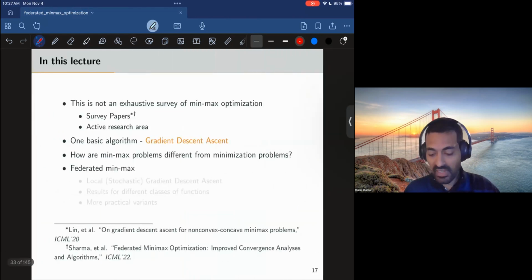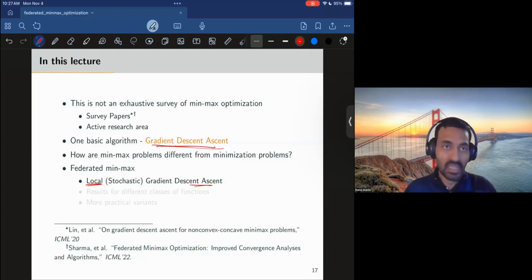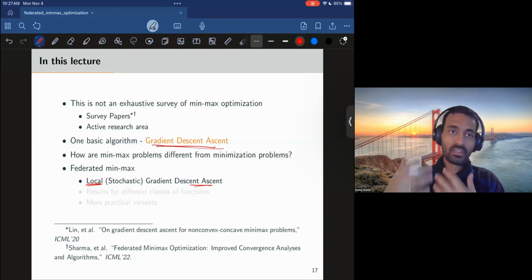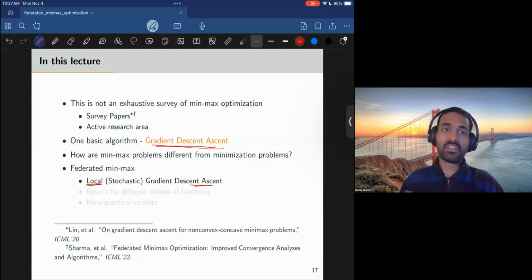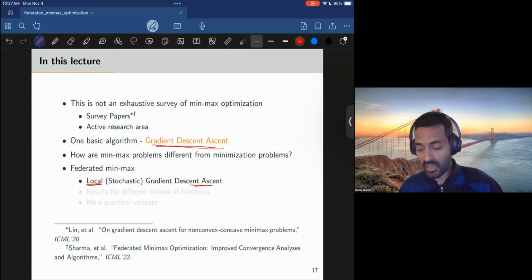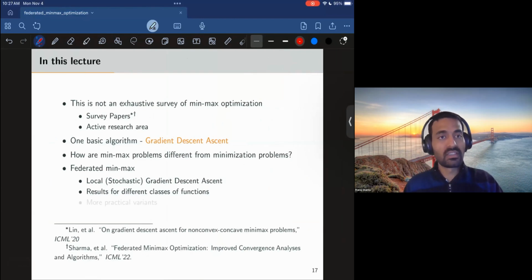Then I'll go to the federated setting. I'll first talk about local stochastic gradient descent ascent. This will be a federated version of this algorithm, just as in this course you have looked at local SGD, which is a federated version of SGD. We'll look at the complexity results and communication requirements for different classes of functions.